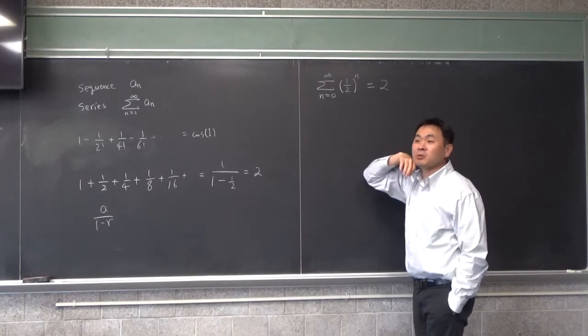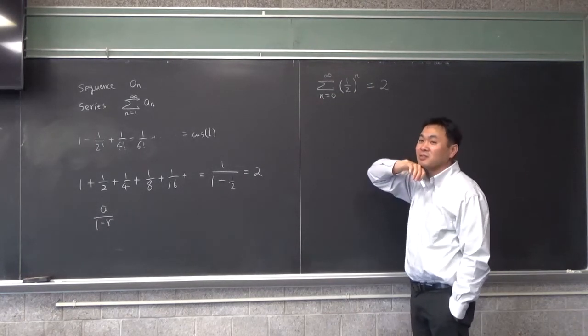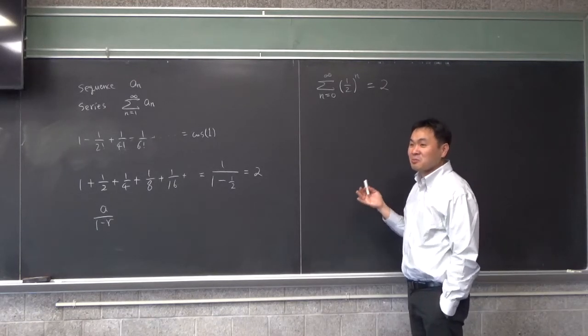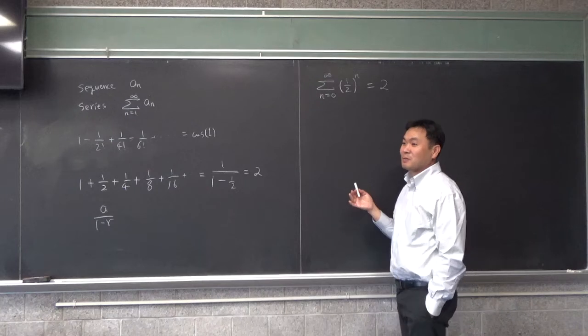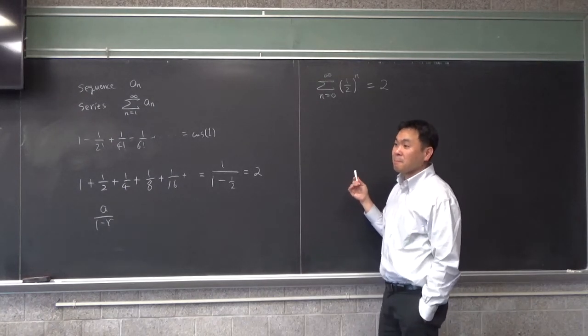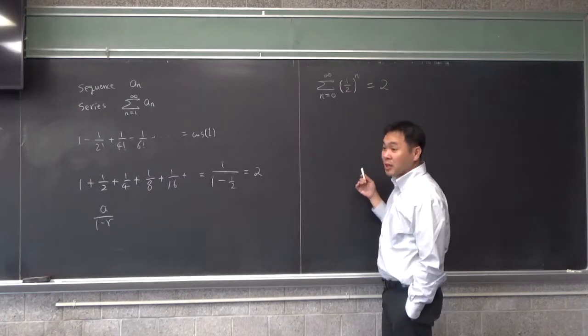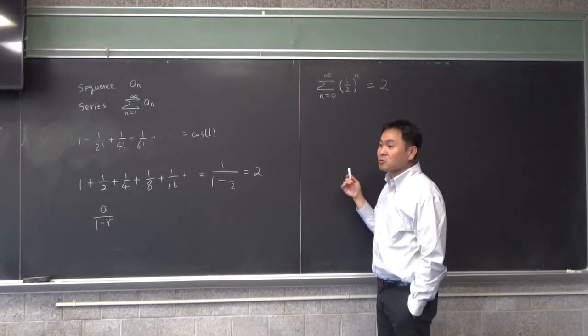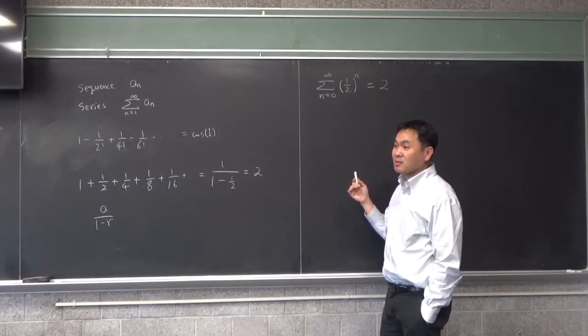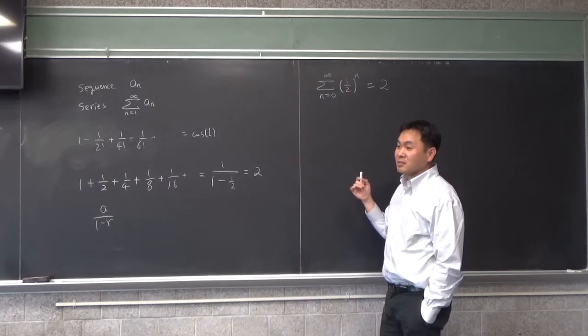What's the limit of the sequence? What do I mean when I say sequence? What's the a_n here? 1 over 2 to the n. What's the limit of that? 0.